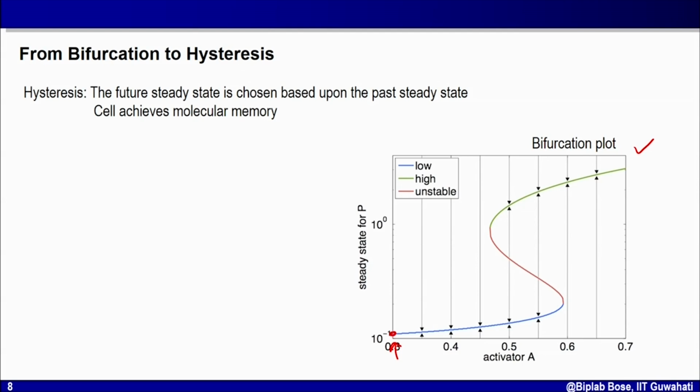Then I add some more of the activator A, and suppose the total concentration becomes 0.55. Now, if I allow the system to reach steady state by waiting for some time, the system will have three possibilities.